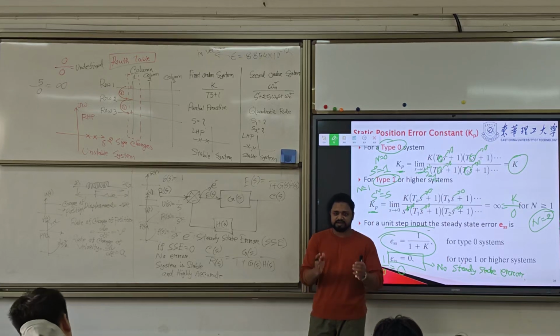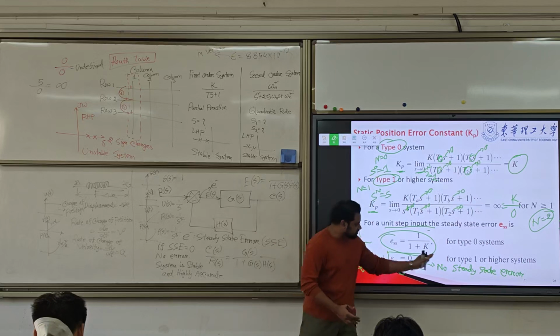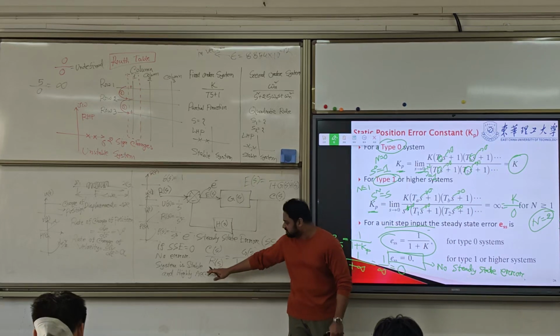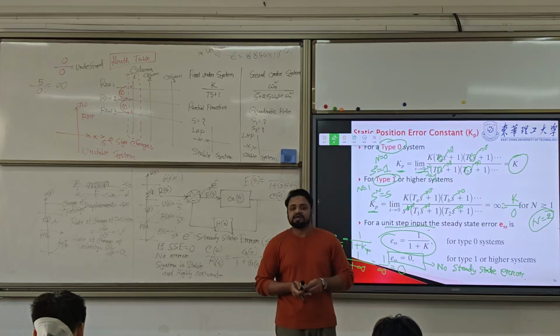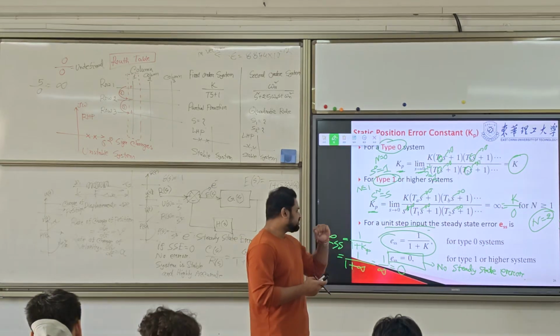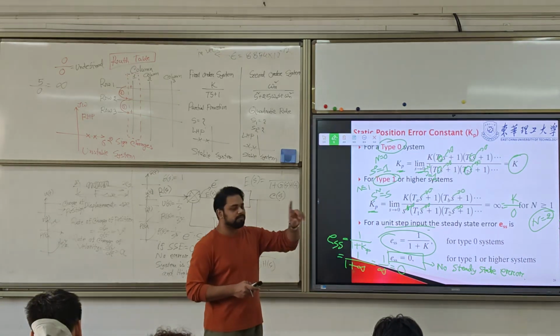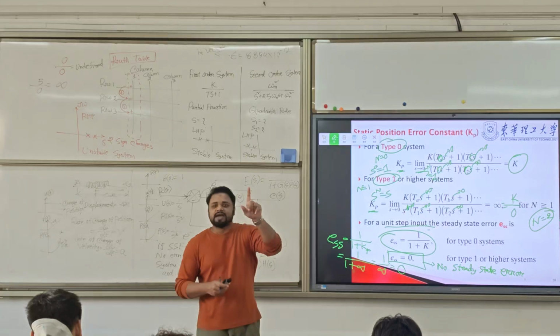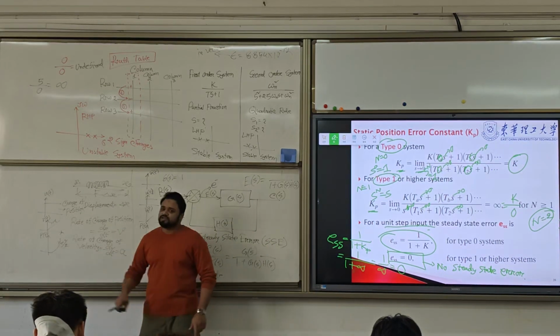SSE is 0 means no steady state error. That means the system is stable and highly accurate. So you can determine the accuracy of the system by finding steady state error using the static error constant. This is only for Kp. And for Kp, we need to use the unit step.